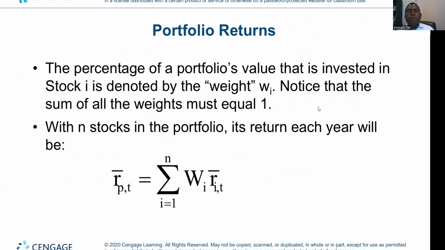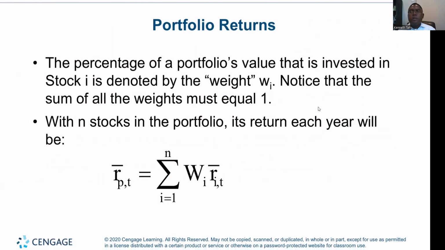All right, so we now go to portfolio return. We have seen how to calculate the return and risk of a single asset. Now we want to calculate the return and risk of a portfolio. A portfolio is basically a group of stocks, so it's more than one. With n stocks in the portfolio, the return is the weight times the return of those individual assets that make up the portfolio.